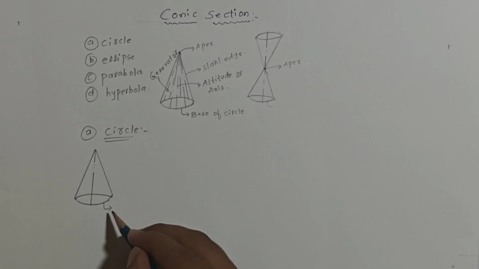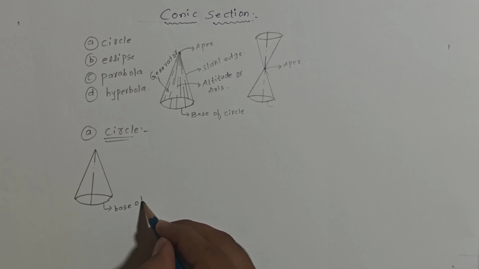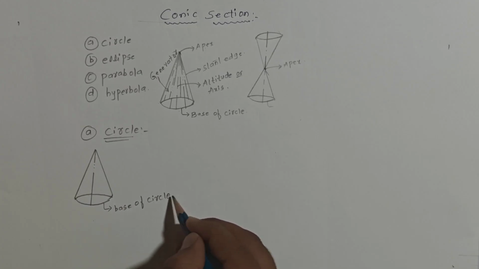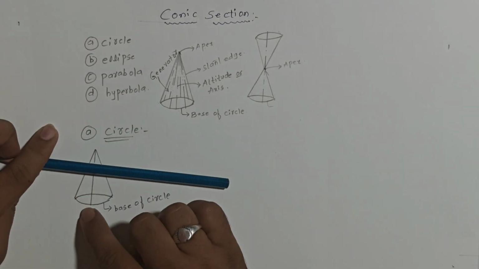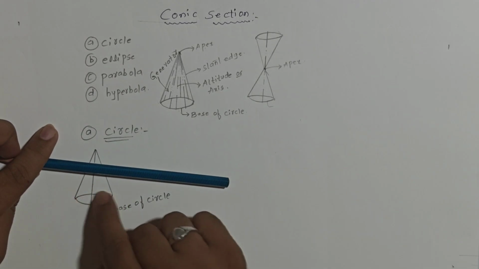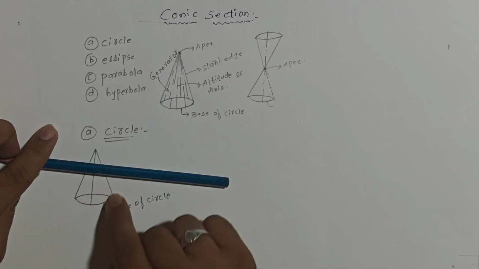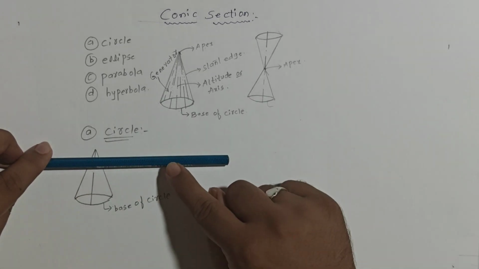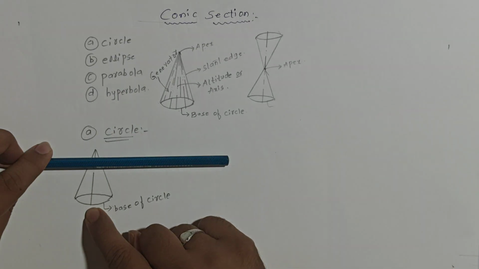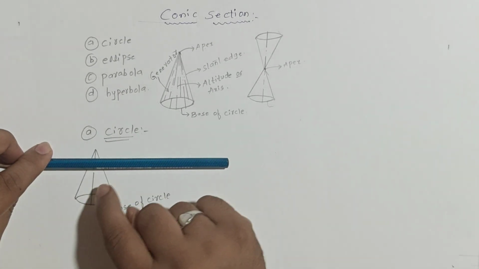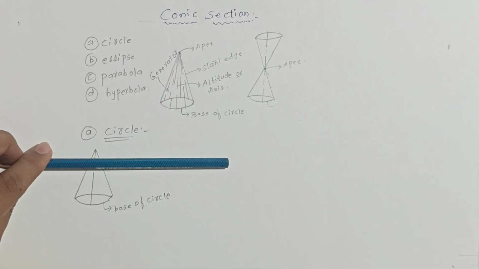We know that we will get the circle if we cut the cone in such a way that the cutting plane should be parallel to whom, dear? It should be parallel to the base, because the base looks like a circle. So we can say that this cutting plane should be parallel to the base. On the surface of the cone we will get the shape of a circle.